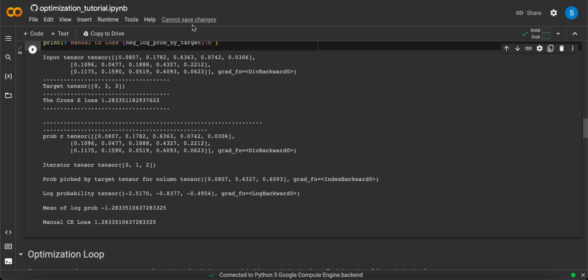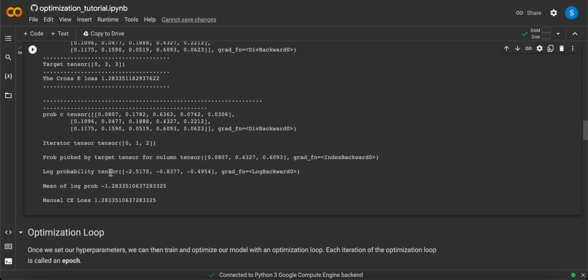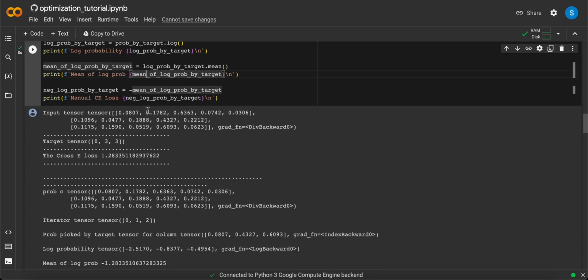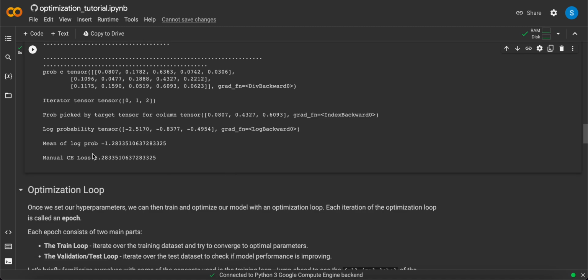And what we are doing here is we get the log probability, and that's negative. Then we take the mean of the log probability, and we turn that into a negative, so a positive number.